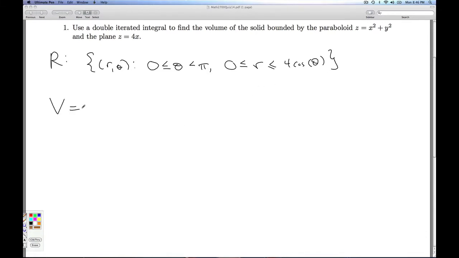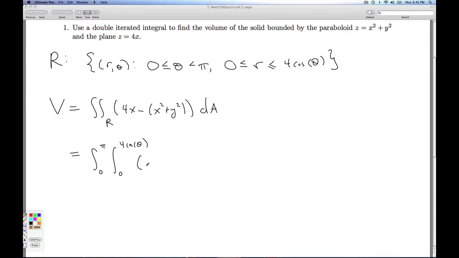So our volume integral was a double integral over R of 4x minus the quantity x squared plus y squared dA. We're going to convert everything over to polar coordinates. The limits on the integral: theta is going from 0 to pi, r is going from 0 to 4 cosine theta. The 4x is going to be 4r cosine theta, minus x squared plus y squared, which is r squared.